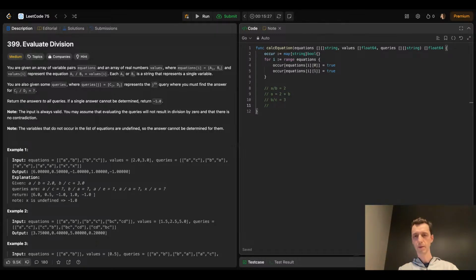It means that, wait a second, if we multiply both sides by C, B is 3C.